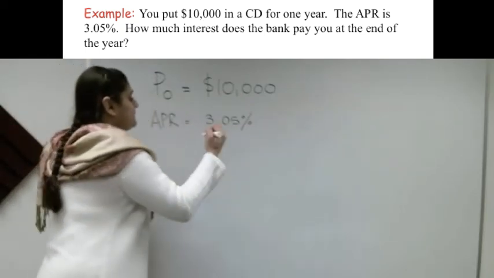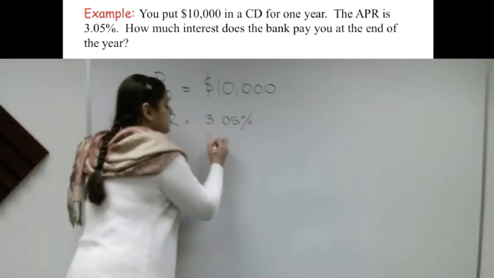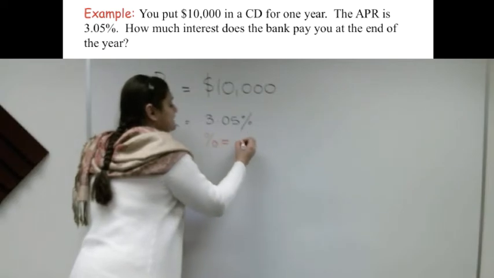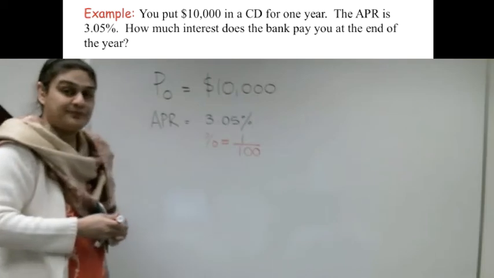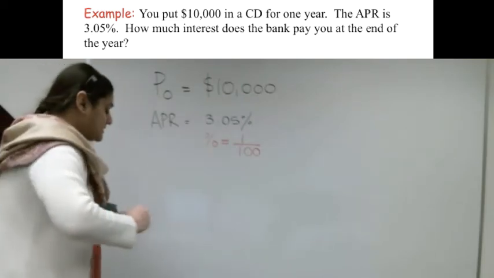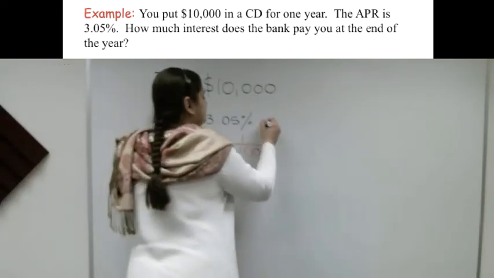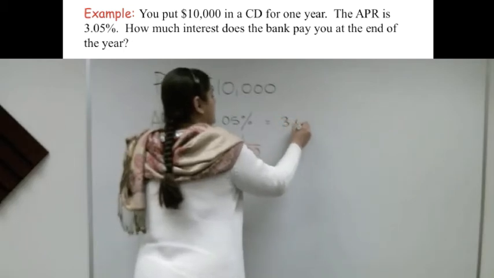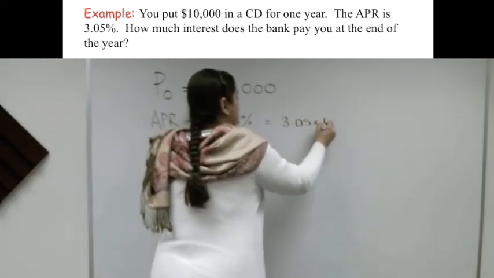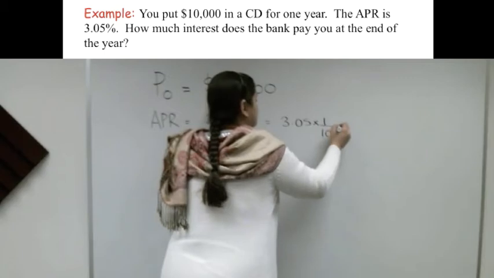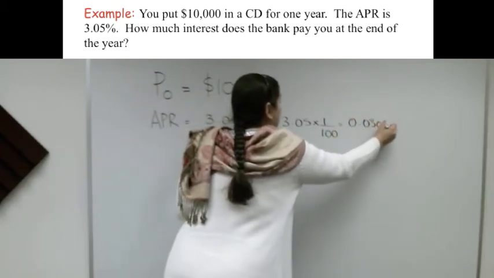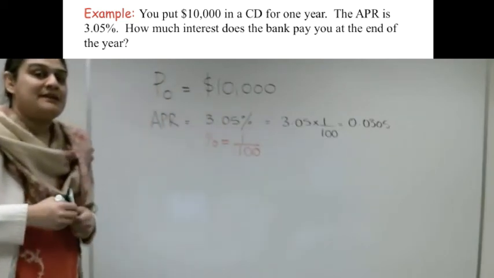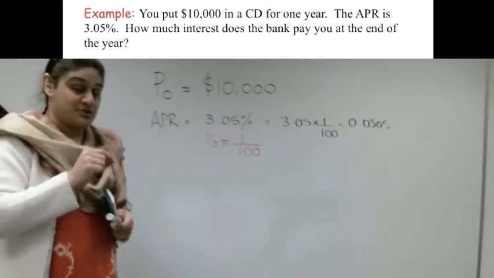So basically, percent sign means multiply the number by 1 over 100. And if I do that, I get 3.05 times 1 over 100, which is 0.0305. That is now going to be my interest rate.